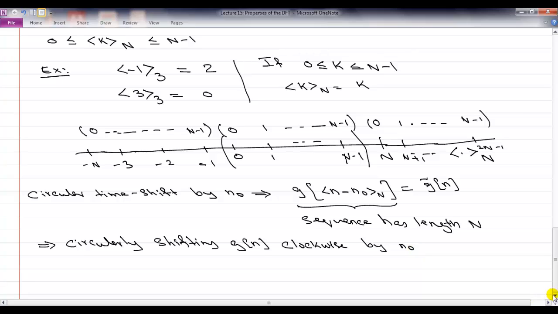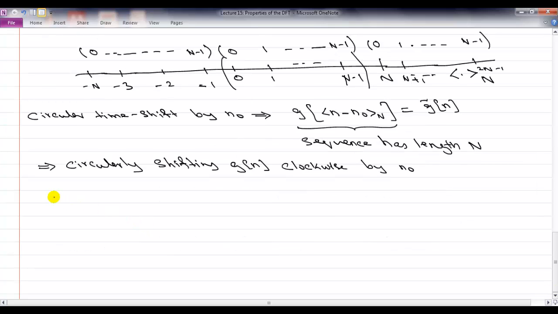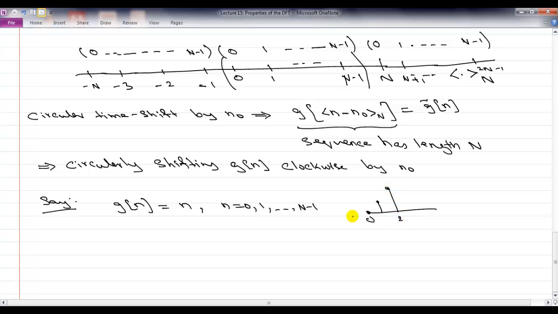For example, say g of n is defined as n for n equal to 0, 1 up to n minus 1. So g of n looks like this. It's 0 at 0, 1 at 1, 2 at 2, and let's make it simple, precisely, n equal to, let's say, 4.